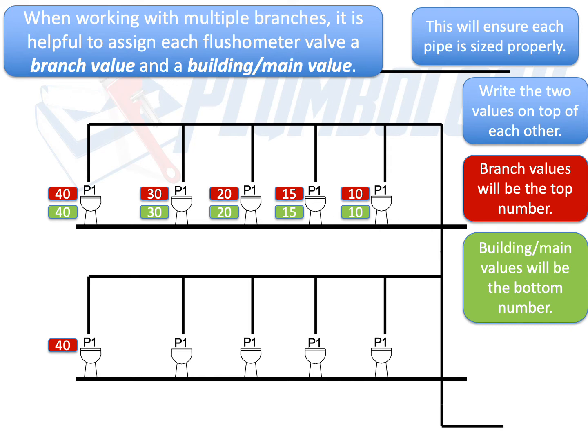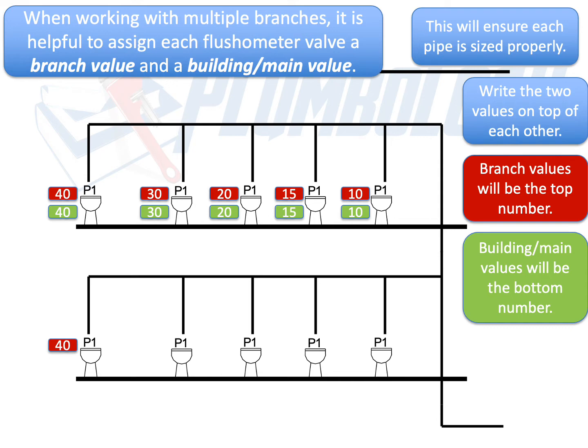Every new branch starts over with the highest possible value for the category of flushometers. We still have water closet flush valves on a new branch, so we start the top numbers all over at 40. The bottom number simply continues wherever you left off with your other building numbers.